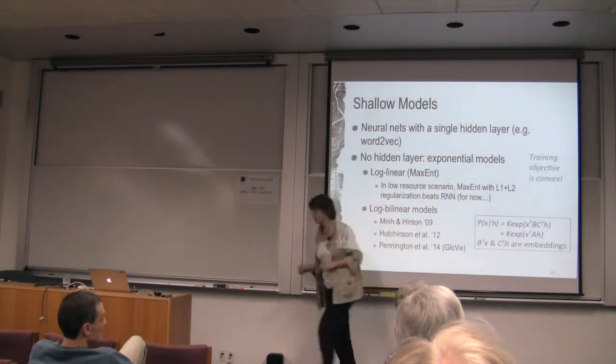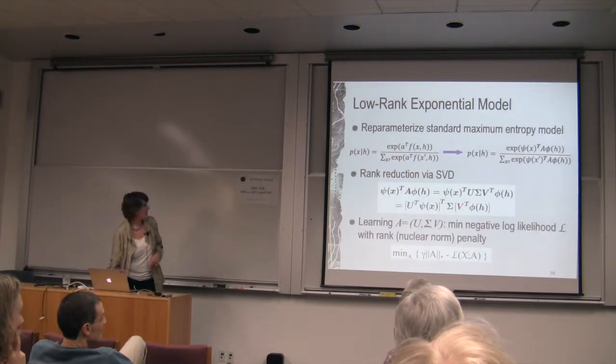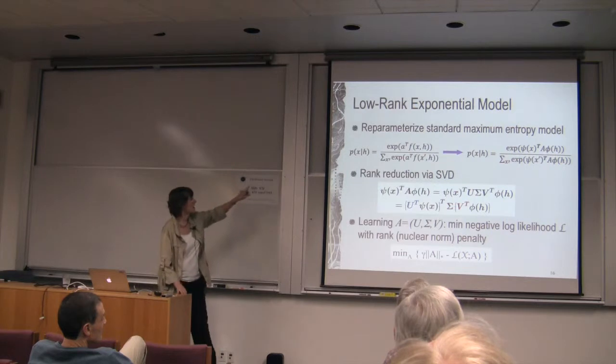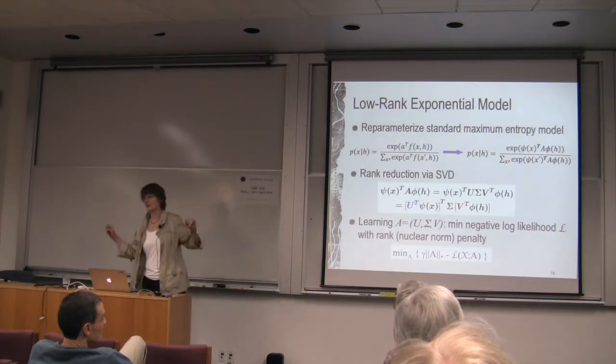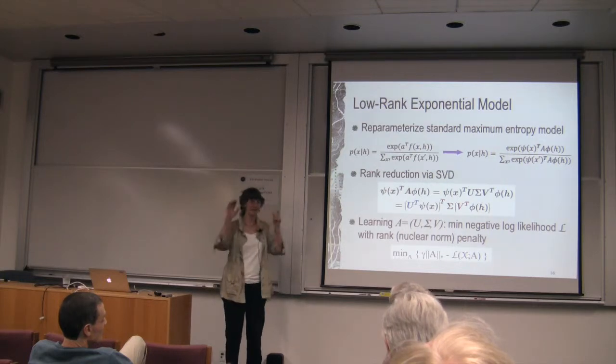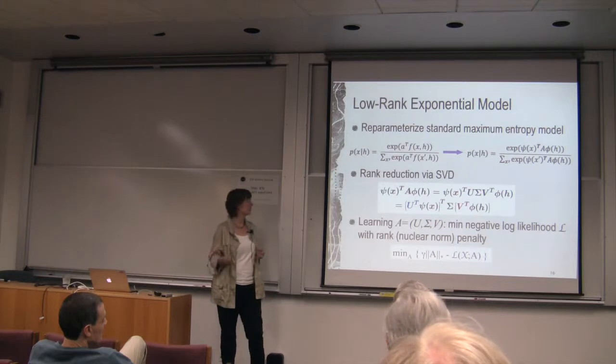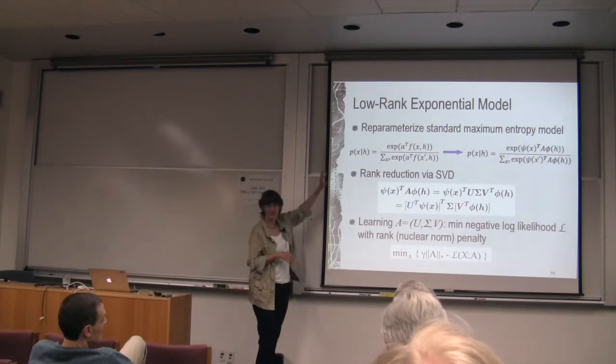Let me go through some equations and explain this. This is our version, which we call a low rank model. It's a log bilinear model, and the variations are interesting and worth exploring, but let's look at the fundamental idea.